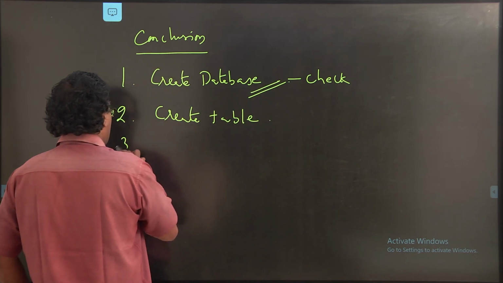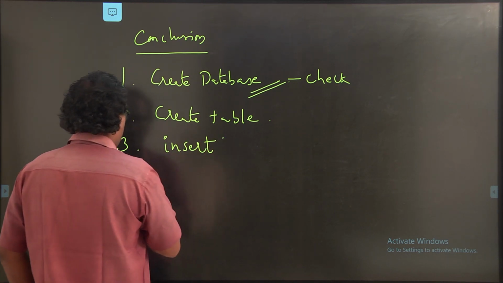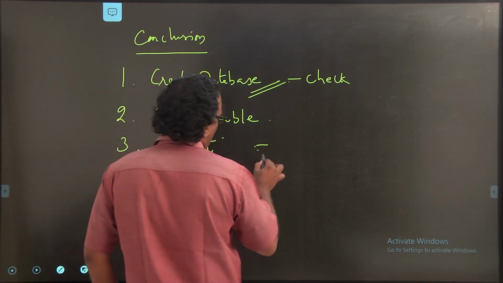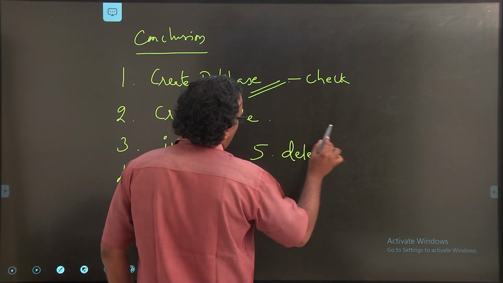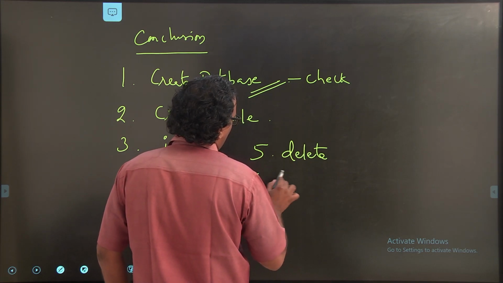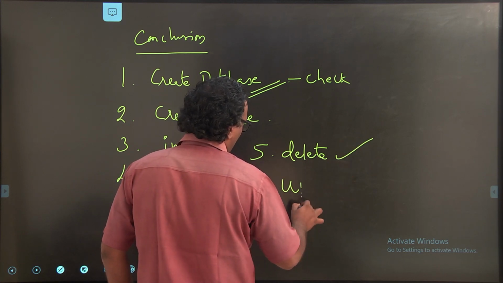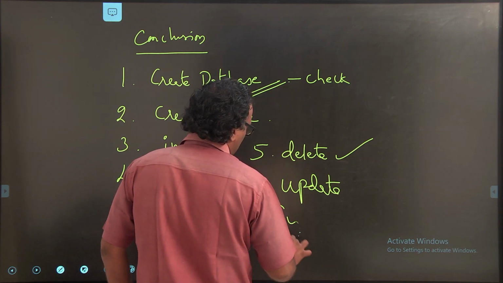We have also seen the insert command, the select command, and the delete command. If 2 rows have the same name, that is a very important concept. And we have also seen the update command with the corresponding syntaxes.